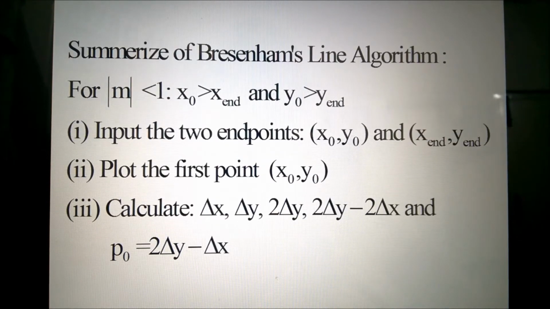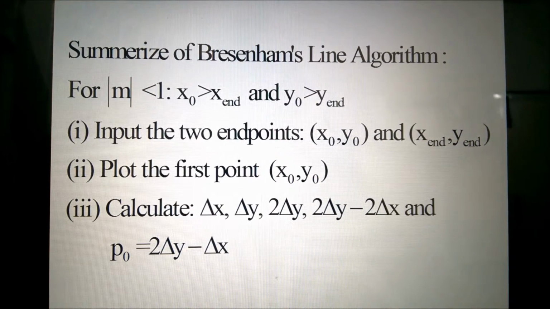Now another case, when m is less than 1, but the initial x coordinate is greater than the ending x coordinate, and exactly similar in the case of y. That means it is coming from a higher coordinate to a lower coordinate.